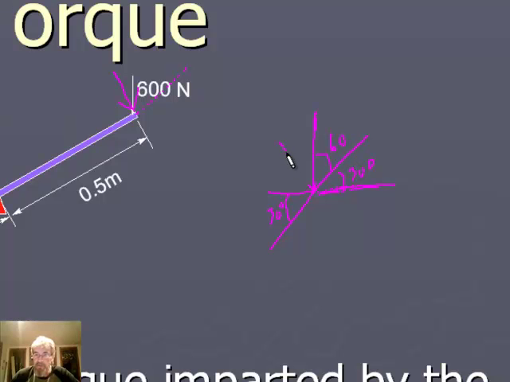So the component that would be perpendicular to the lever arm is going to be 30 degrees from the net force. Well, that's adjacent to the 30 degrees, and so that means that our torque-producing component, I'll call it force torque, is going to be equal to 600 newtons times the cosine of 30 degrees.